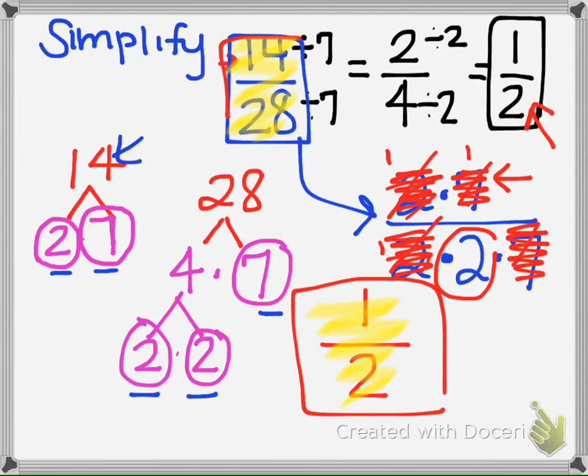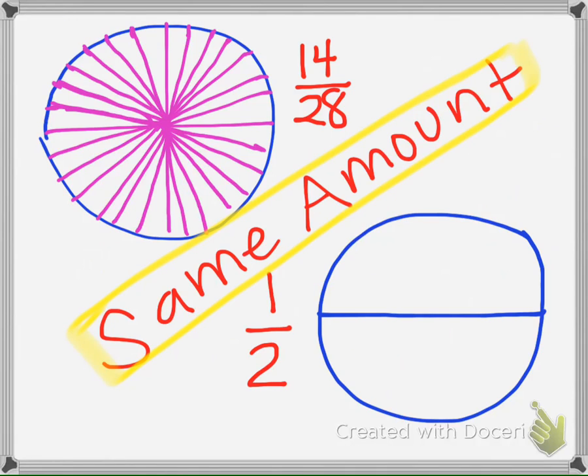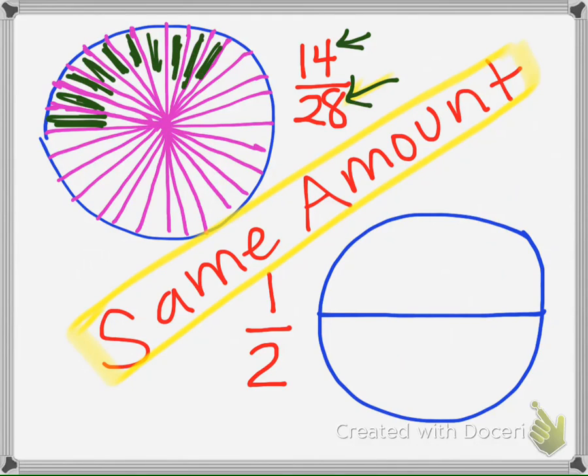To better see that if you're a visual learner, I took this circle here and I cut it up into 28 pieces. And then the 14 tells us we're going to have 14 of them. So 1, 2, 3, 4, 5, 6, 7, 8, 9, 10, 11, 12, 13, 14.